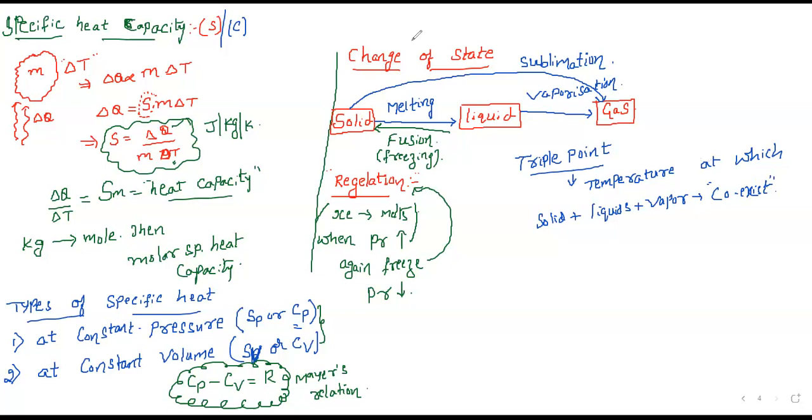Now, during this change of state, student, you require some amount of heat transfer. To change the state, how much heat energy we require, that is what we usually call latent heat. What is latent heat? Latent heat is the amount of heat energy required per unit mass to change the state.